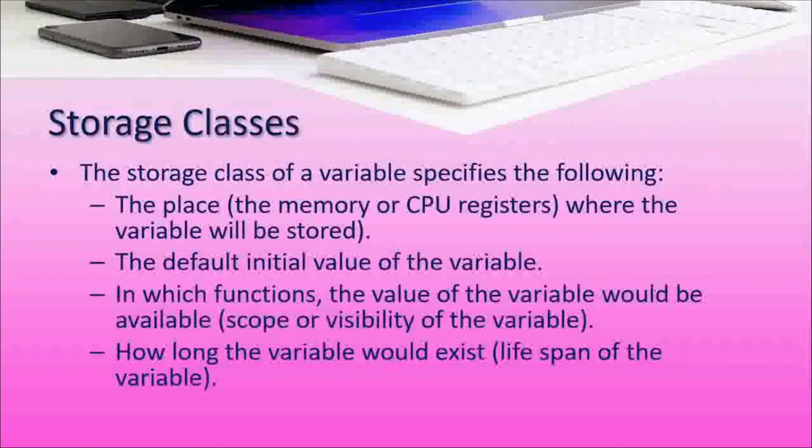These two positions can be used to save the different variables. If you use the memory, accessing the data will be a bit slower, but if you use CPU registers, accessing the data will be very fast, but the problem is there is only very limited space available in the CPU registers.